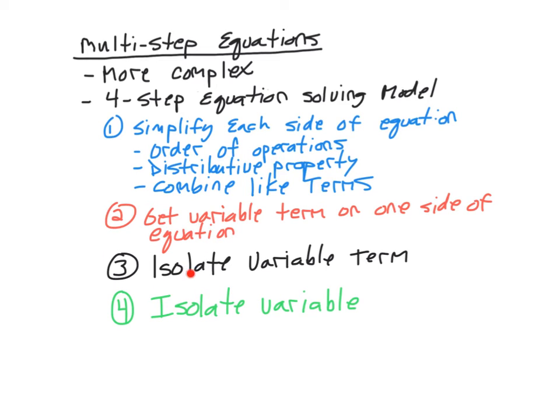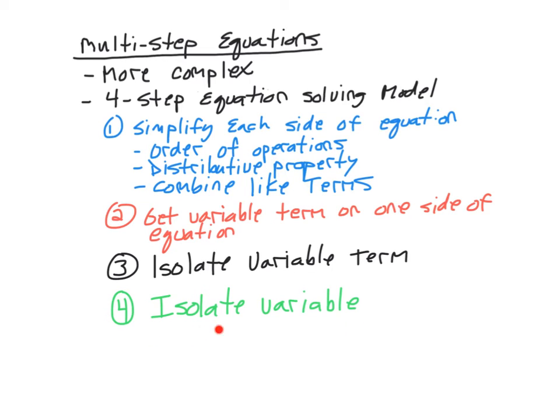After that, we're then going to isolate that variable term, because once we move it over, we're going to combine it with whatever like terms are already there. So now we want to isolate what's left, the variable term that's left, so we want to move everything else to the other side. And then finally, that last step, which we are kind of getting used to now, is isolate the variable. We just want to get anything that's left with the variable moved to the other side.